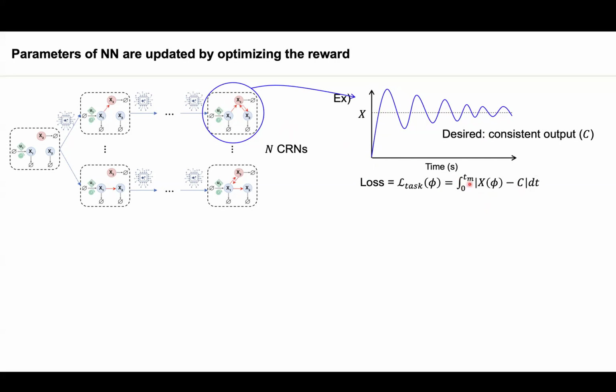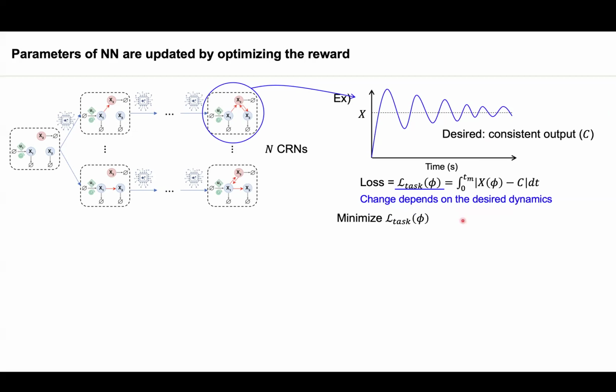We integrate the difference between this x trajectory and this consistent output C. So if we minimize this loss, this x will be similar to C, and we have a consistent output. This is the example case of wanting a consistent output, but this loss should be changed if we want different dynamics. I will show a different example in a later part.